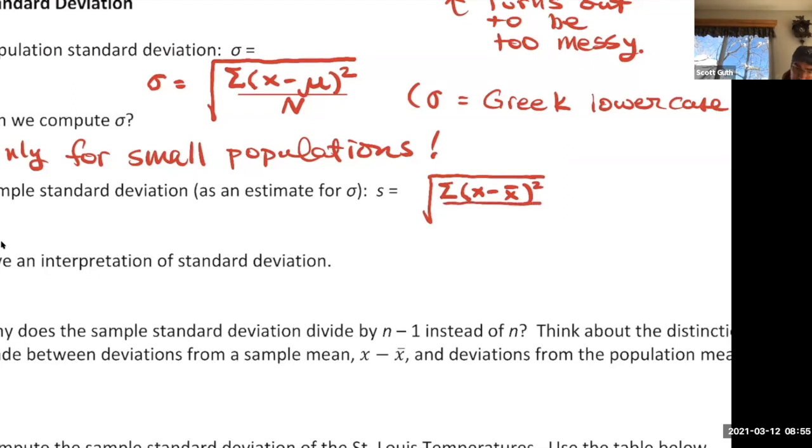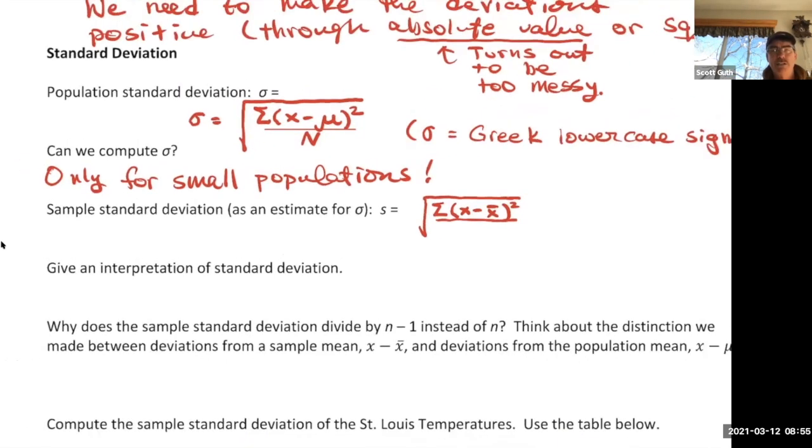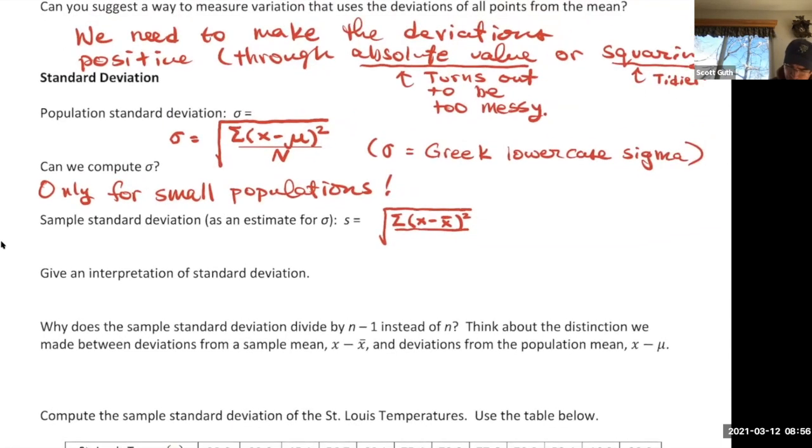But I want to pause and remind you of something we talked about last time before I put the denominator in. I can put the sample size in, but this turns out to be a biased estimate of sigma. I'm actually going to change this formula, so you may not want to write that down.